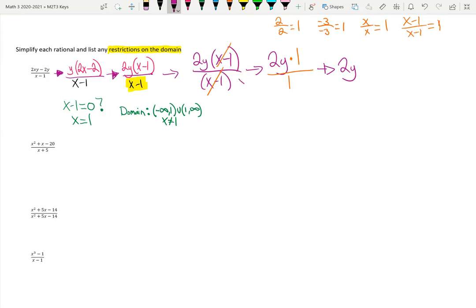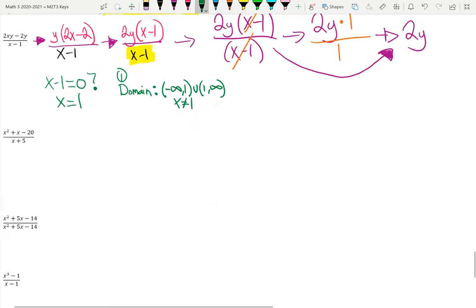You will jump from here to here, and that is okay, but I just want to point out while I'm explaining it that it doesn't quite disappear. We are manipulating this rational and simplifying it, and we have an equivalent expression. However, notice that for my domain, I had to look at this first before I do any simplification.